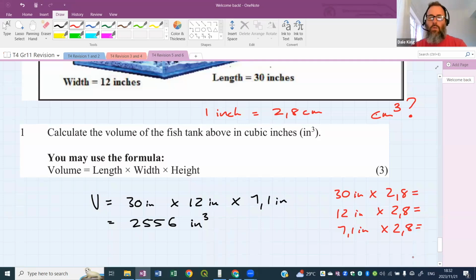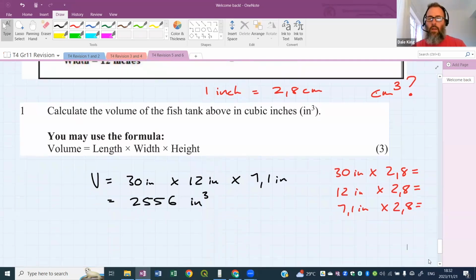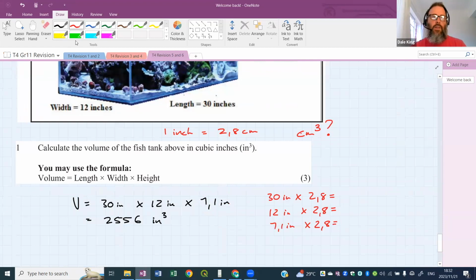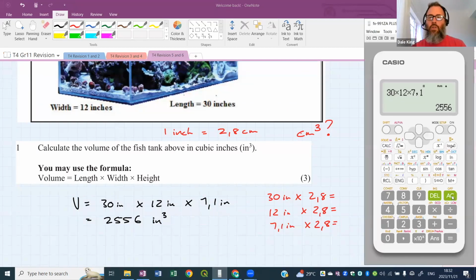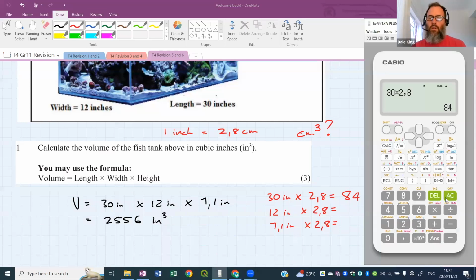All right, so let's just quickly, Tando, I'm just going to quickly calculate this. Let's just quickly do this, and I'll show you guys how it works. So 30 times 2.8 is 84 centimeters. 12 times 2.8.